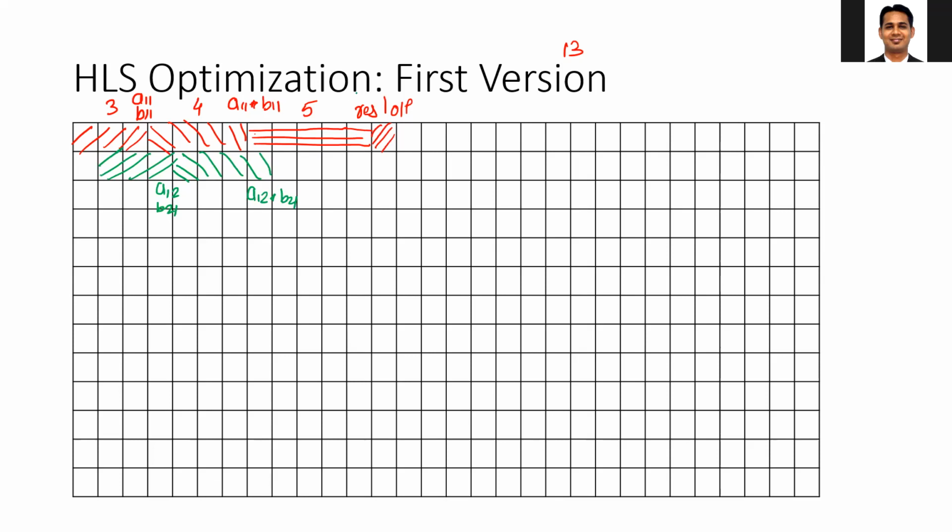Now I need to do the addition with this result. Can I start the addition before this result is available? No. So I have to wait till this time, and then I can perform the corresponding addition here. So instead of starting the multiplication here, I can delay getting the input data from my loop.